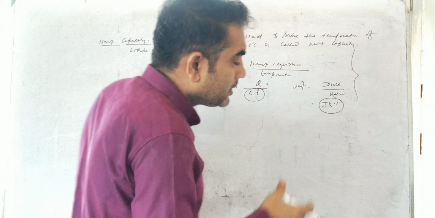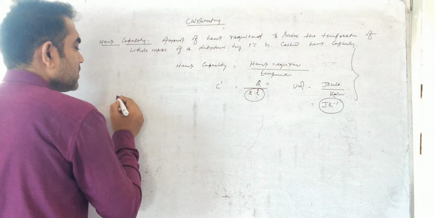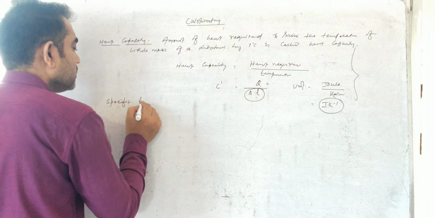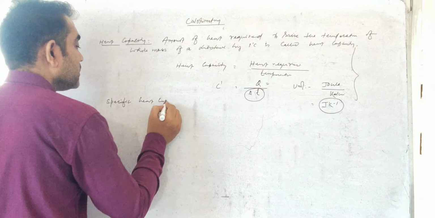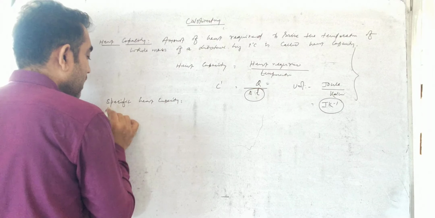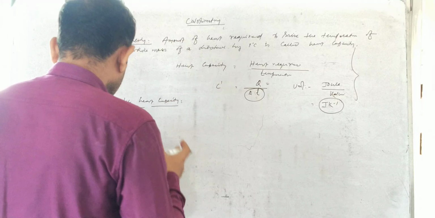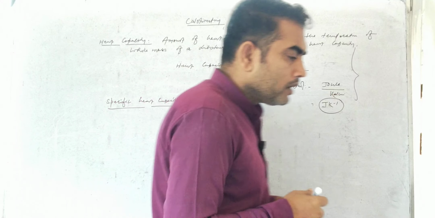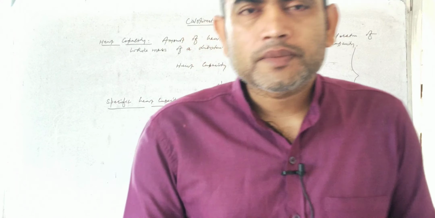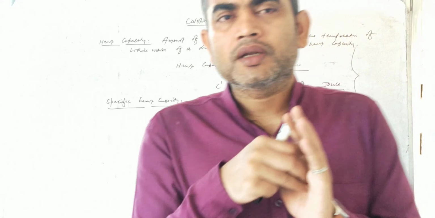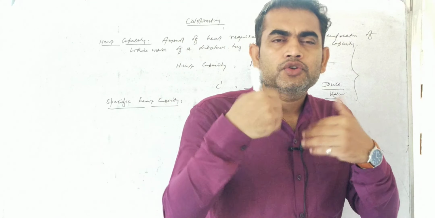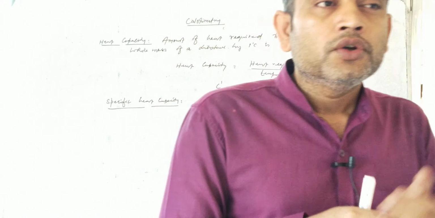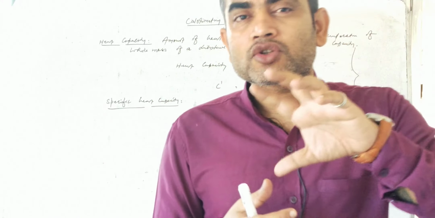Now the second term we have is the specific heat capacity. Whenever a specific term is mentioned in physics, keep in mind that you are being told to find the value for the unit mass of the substance.